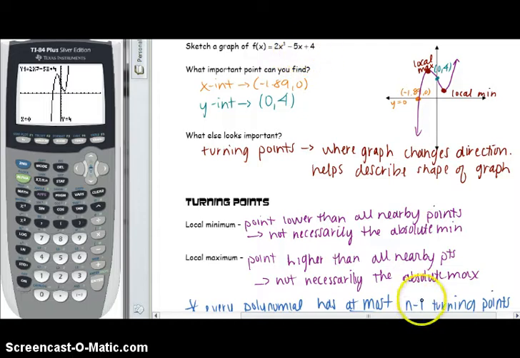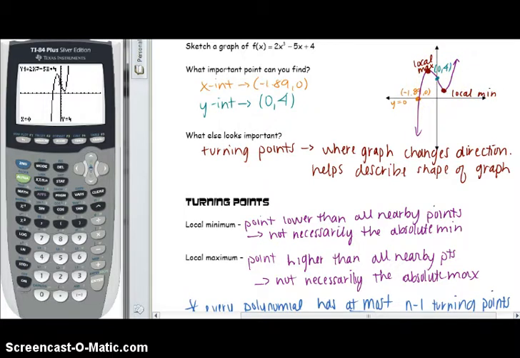So our n minus 1, that's talking about our degree. Our degree of our function here is 3, so this graph is going to have at most 2 turning points. And if we're looking, it has 1 turning point here, 1 turning point here. So it does have 2 turning points. So that's the most it can have, and that's the amount that it has.